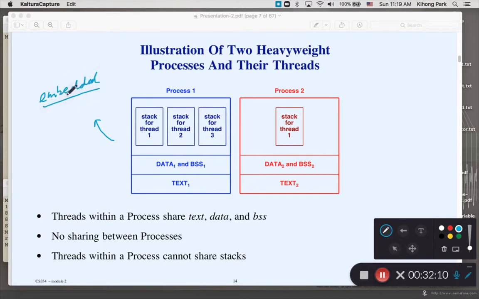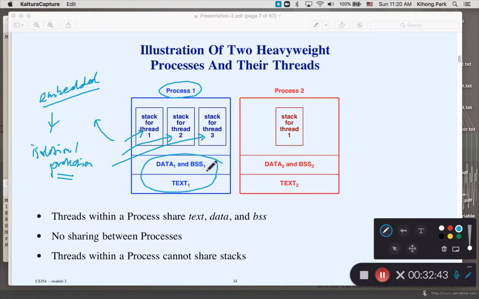But these things have evolved a lot, and so some that are used today, they still insist on implementing isolation protection because it's essential to have a reliable system. But if this is what you want, then this is what you can get by implementing a heavyweight process with multiple lightweight processes or threads that otherwise share everything else.